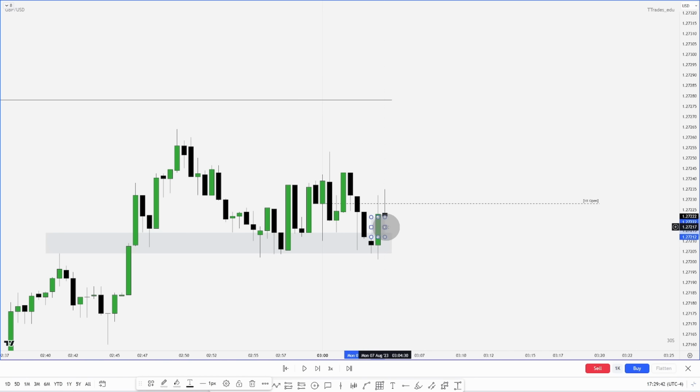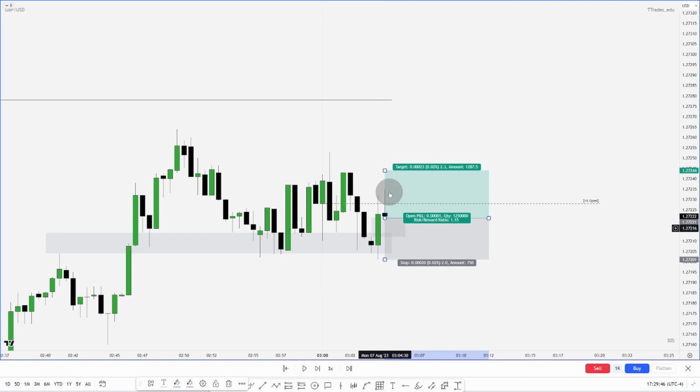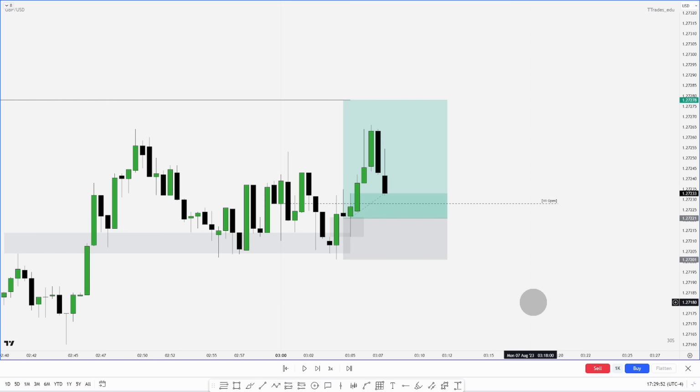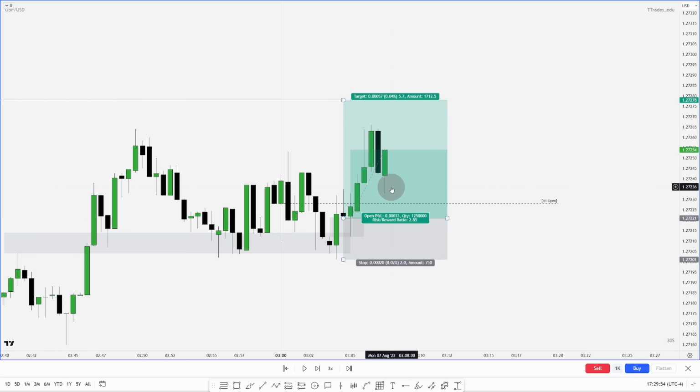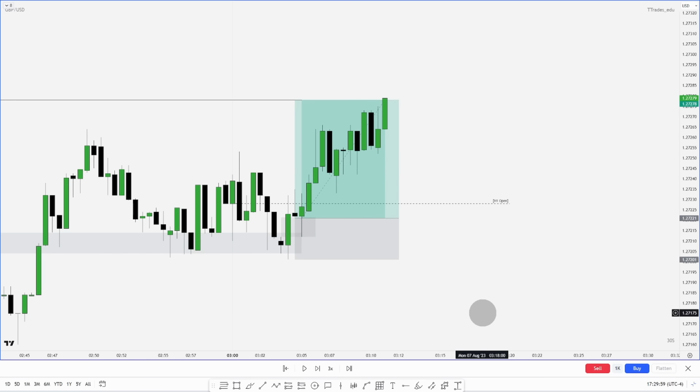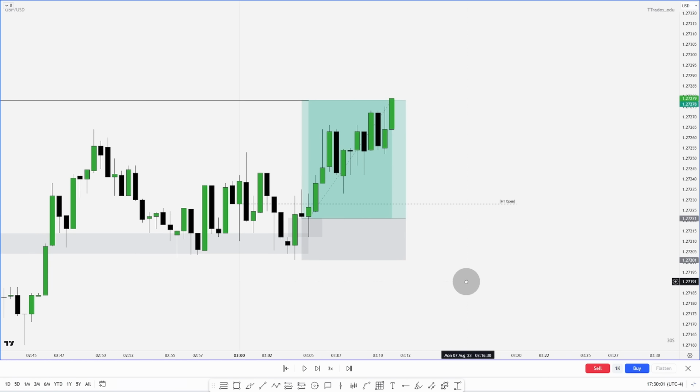So with this displacement, we have a fair value gap. I could look to enter on the 30-second chart right here, targeting previous hour's high. There we go. We get another fair value gap here, gets respected, and there we go. We reach our previous hour's high.